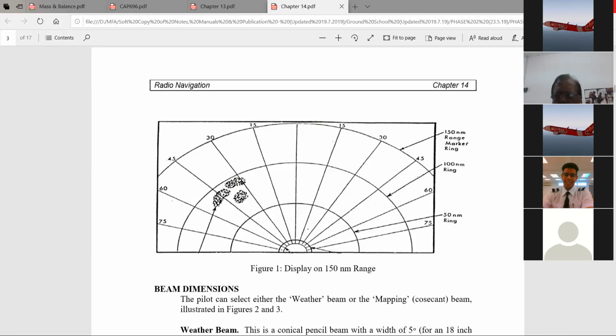Now, how do you use this particular information regarding the height of the top of the cloud? You are sitting in the cockpit, and you have found out the height of the top of the cloud in relation to your aircraft. How can you utilize this information as a pilot?